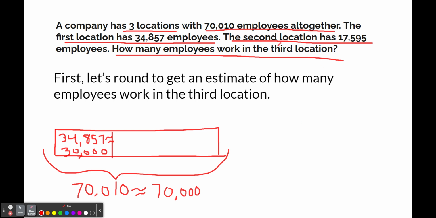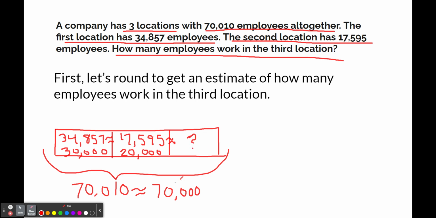Okay, now in the second location, they have 17,595 employees, which is about 20,000. Okay, so now how many employees do they have in the third location?